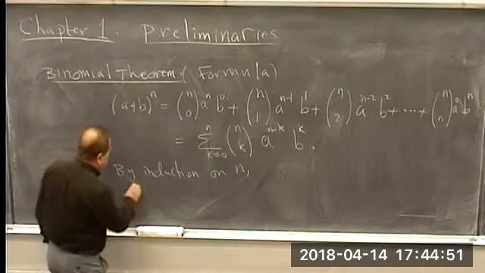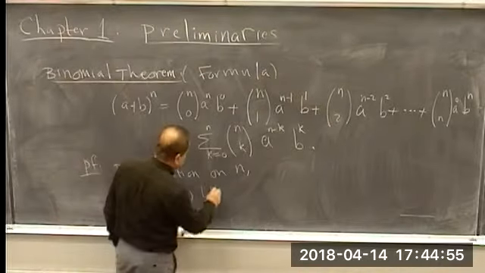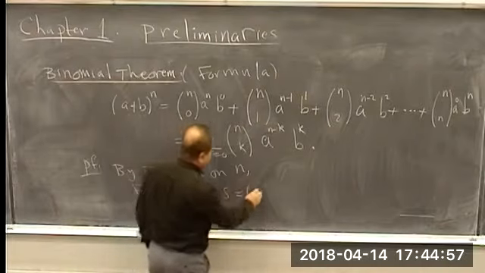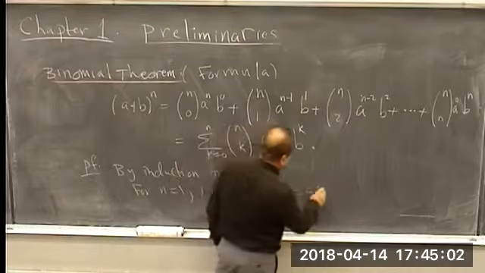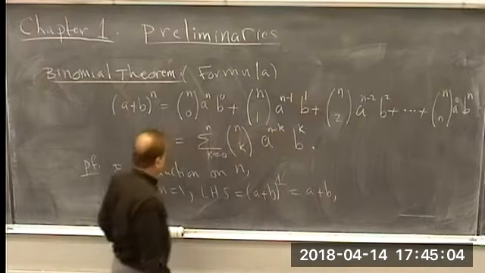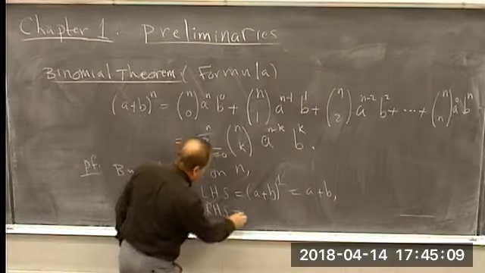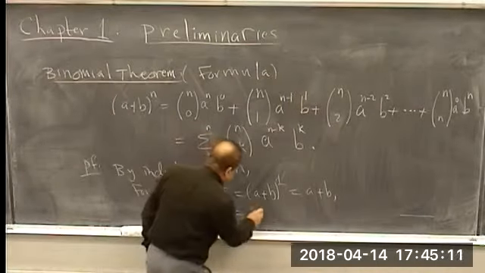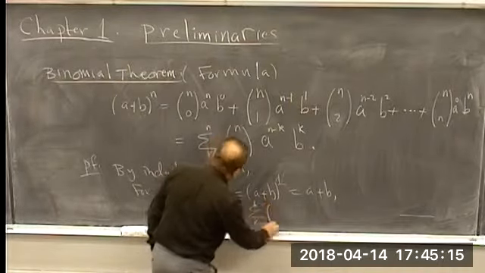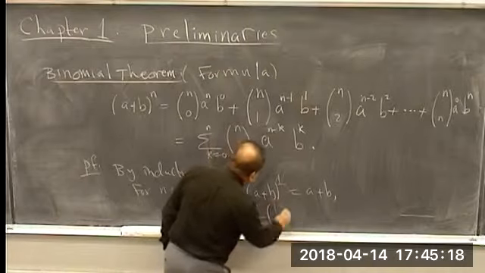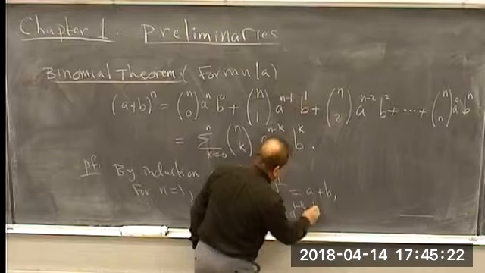So for n equal 1, the left-hand side is equal to (a plus b) to the 1, which is a plus b. Let's look at the right-hand side, which is supposed to be, we're going to use the summation. Okay, so k equals 0 to 1, then 1 choose k, then a to the 1 minus k, and b to the k.